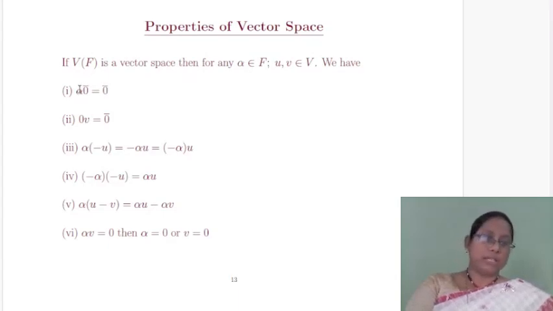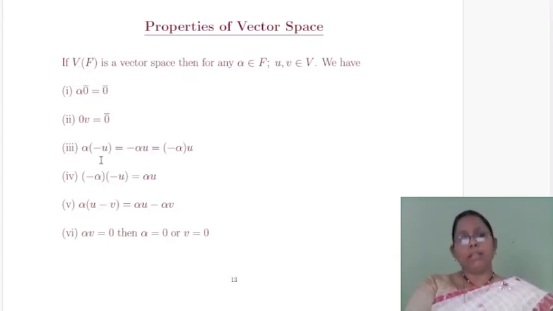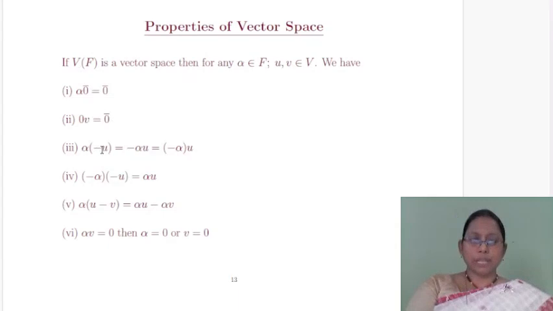That means a scalar multiplied with the 0 vector, where 0 is from V and alpha is from F, then the resultant will be the 0 vector of V. Then if 0 comes from F and v comes from V, then the resultant will be the 0 vector of V.